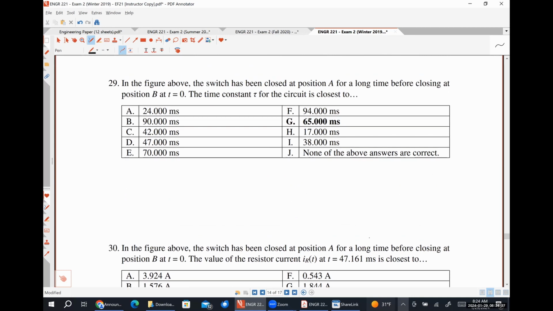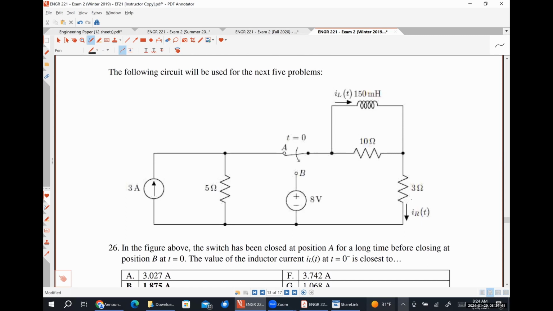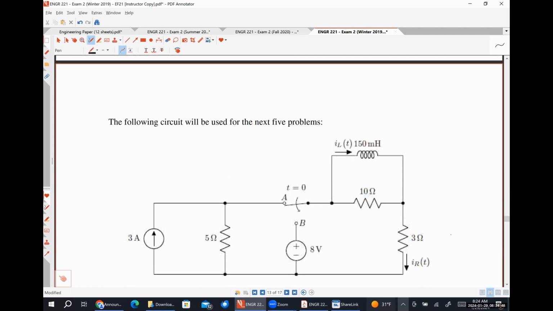All right, so finding the time constant for this circuit. During the transient condition, our switch is closed at position B, which means these elements right here don't do anything. They're not going to contribute at all, so that's why I've X'd them out. So here are the terminals of my inductor.